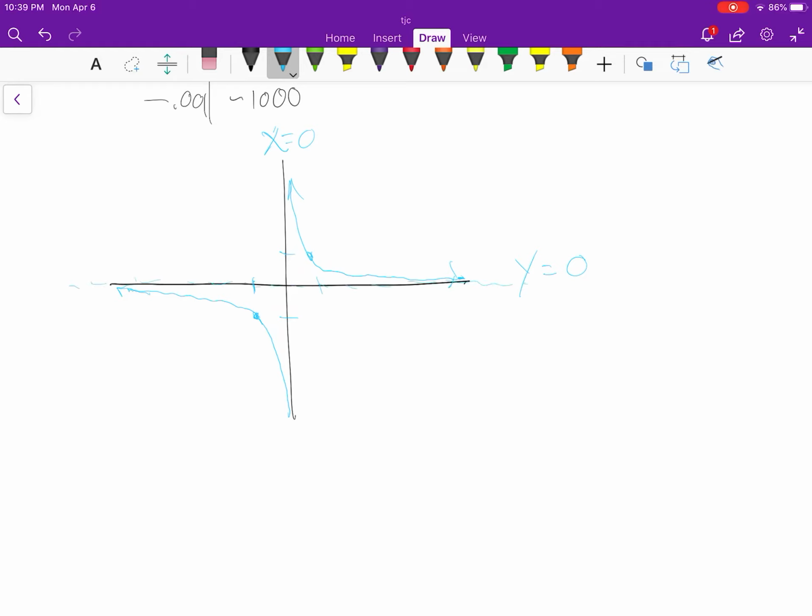It's the x-axis. Notice as we approach that, we're spinning off to negative infinity and positive infinity as we approach y equals 0. And that's horizontal. And as we approach x equals 0, this is known as vertical asymptotic behavior, we're spinning off to infinity. Okay?